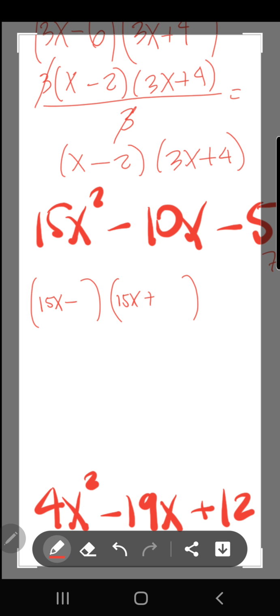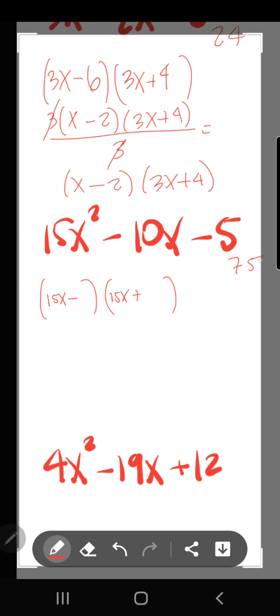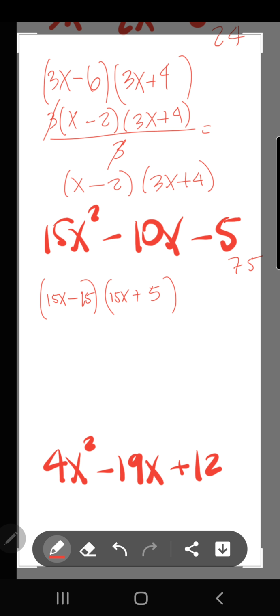So you will find two numbers which multiplied are 75 and subtracted, because they are different signs, are 10. They will be 15 and 5. 15 on first and 5 on second.